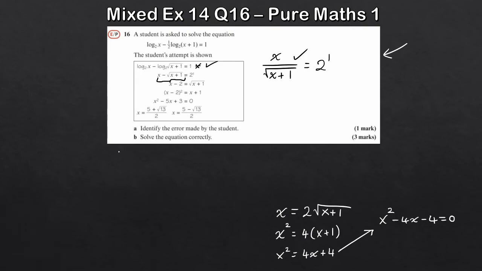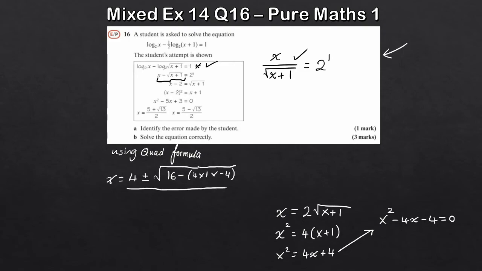So if we solve this using the quadratic formula, x is equal to minus b, so minus minus 4, so that's 4, plus or minus the square root of b squared, so 16, minus 4, times a, which is 1, times c, which is minus 4. Okay, we divide this by 2a, where a in this case is 1, so we divide it by 2.